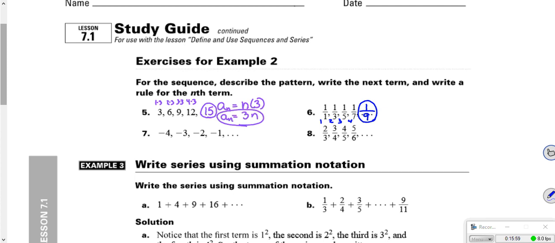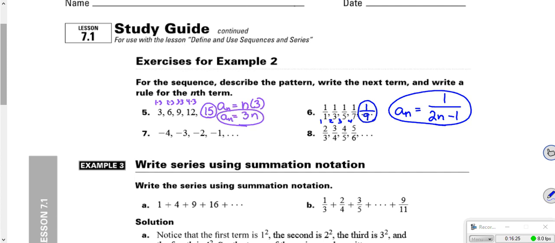Well, 1 is just 1. 2 plus 1 is 3. 3 plus 2 is 5. 4 plus 3 is 7. But I have no way to increase by 1 each time. So this actually ends up being a sub n, the nth term, is 1 over 2n minus 1.